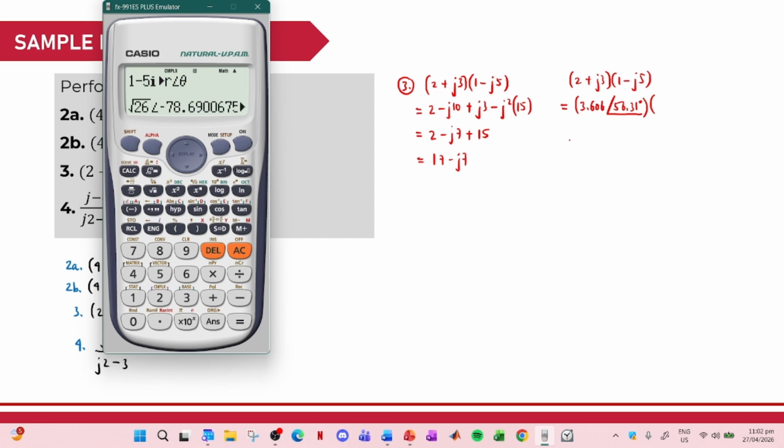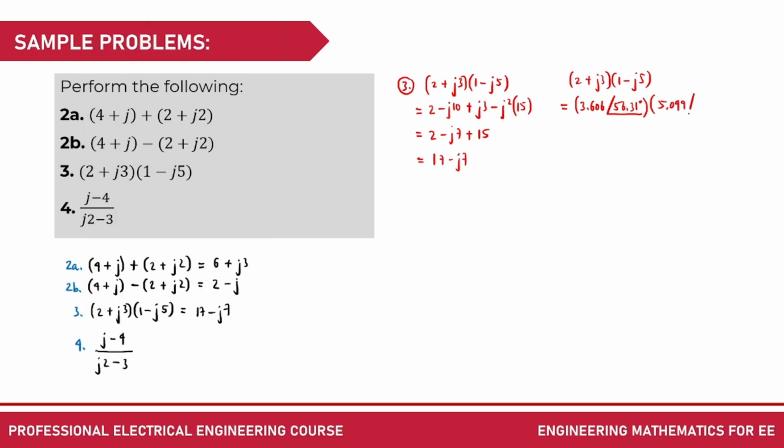So we have this one as 5.099 angle negative 78.69 degrees.